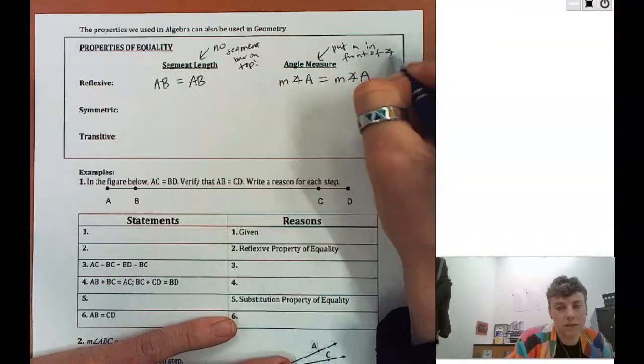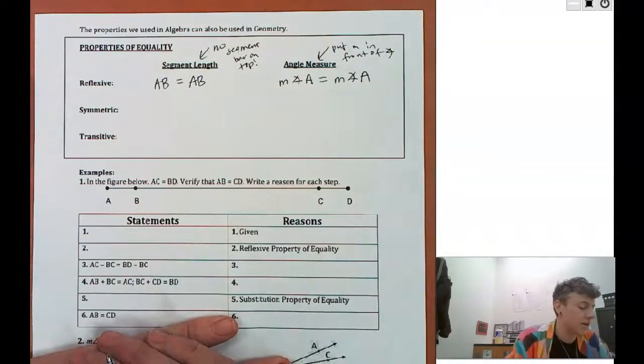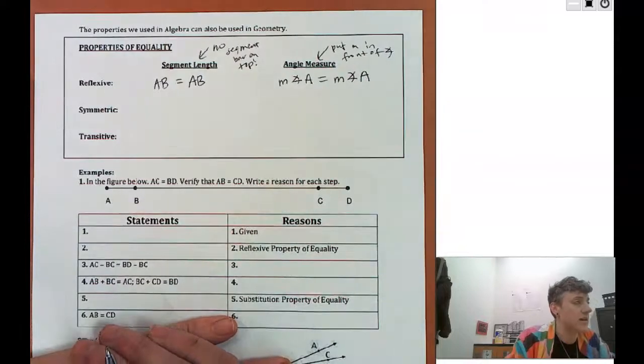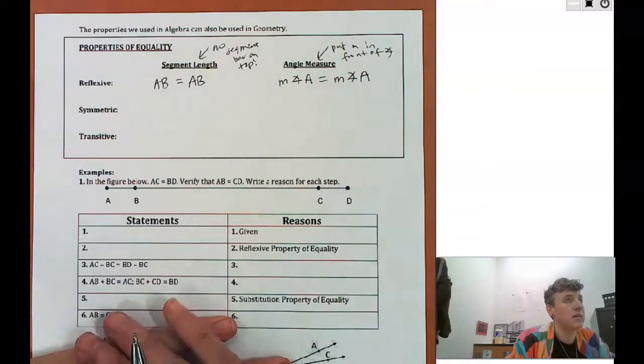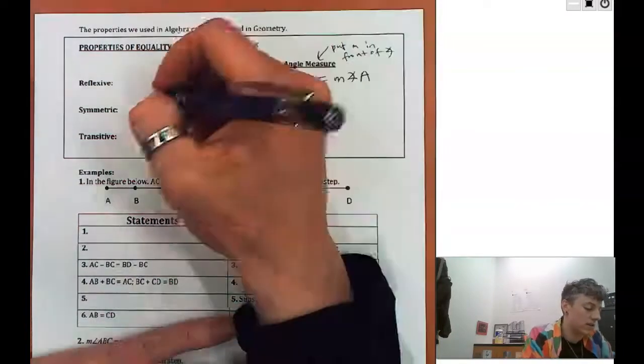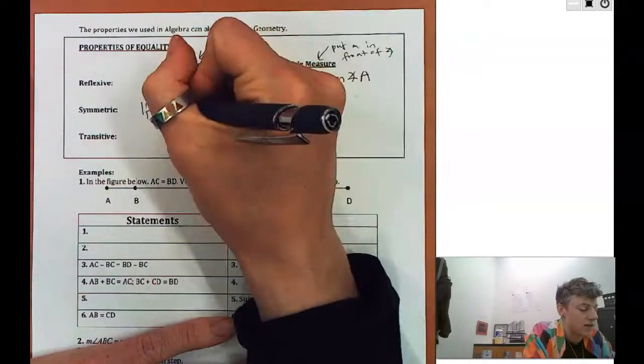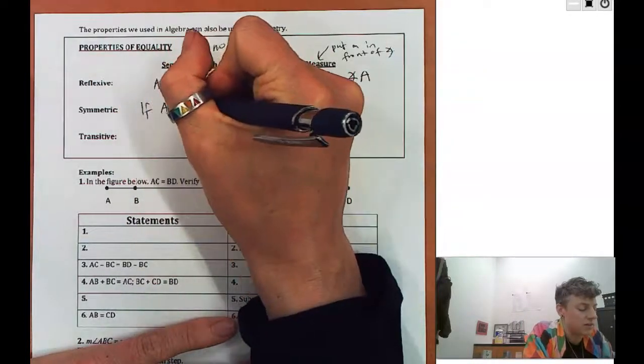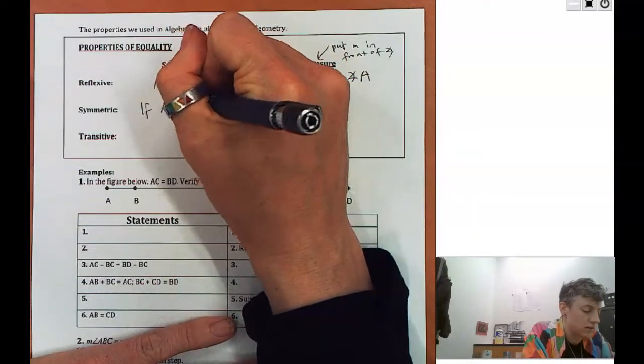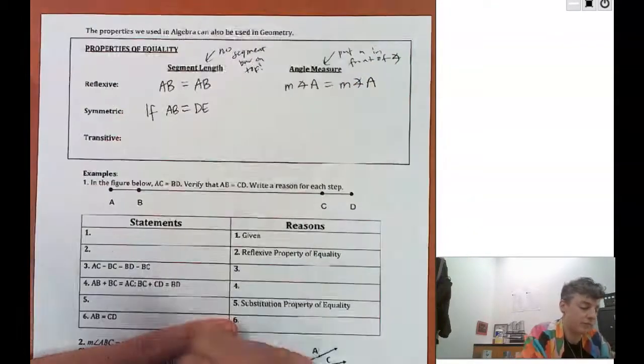Otherwise, they mean different things. Okay. The symmetric property said if A equaled B, then B equals A. So the symmetric property for segment length is going to say if segment AB is equal to segment DE, then we can flip that around.